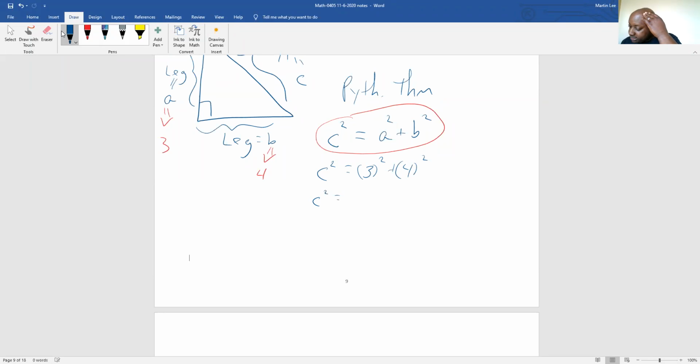C squared equals 9 plus 16, which is 25. And now to calculate what C equals, take the square root of both sides. That leaves me with C equal to positive 5.